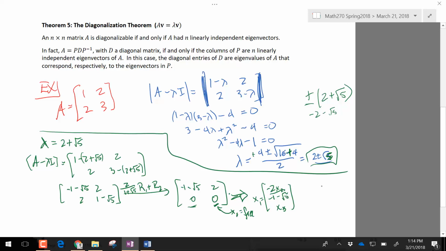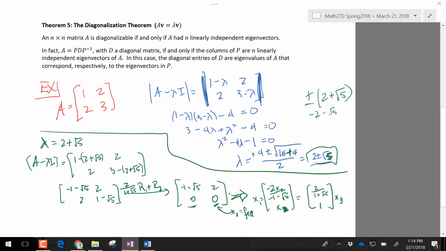Something like that. So let's try that again. So this would be 2 divided by 1 plus root 5, and 1.